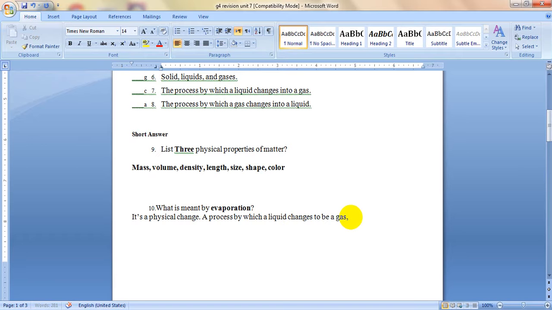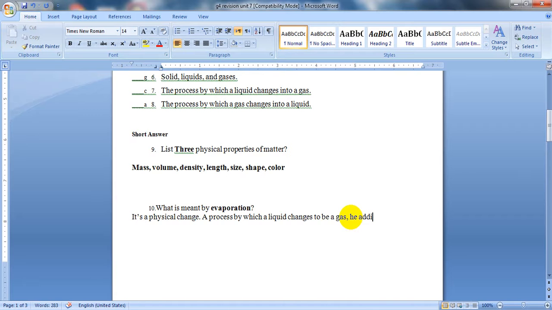How? By adding heat, or we can say increasing its temperature. Of course, you are not asked in the exam to write all of these. You can write only the definition, but this is for you when you are studying.